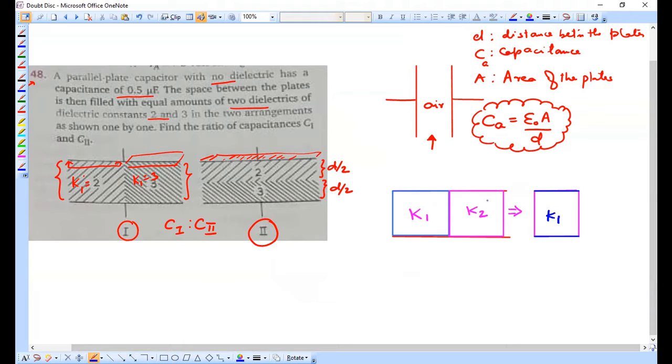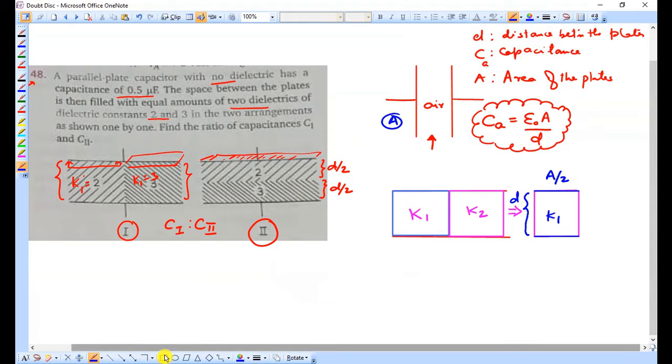So you can see the distance between the two plates is still D, and the area of the plates is half that of the original. The distance between the two plates is still D, but the area of the plates has been reduced to just half of what it was over here.